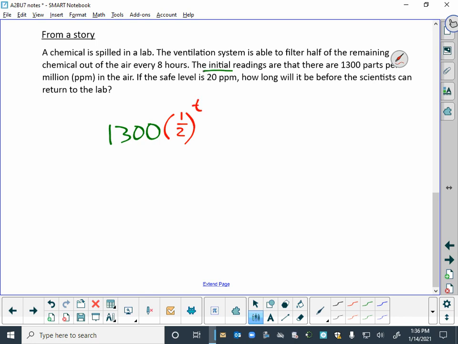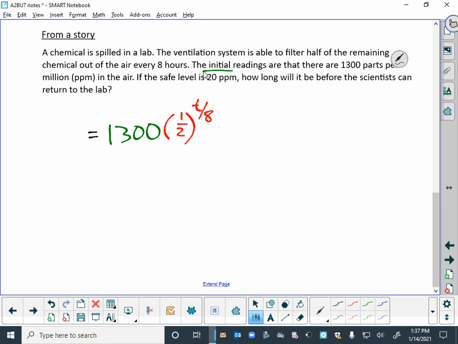So that means this needs to look like a t divided by 8 up here. So when we put an 8 in there, 8 divided by 8 is 1, and we multiply by half one time, and it's down to the 650. After 16 hours, if we put a 16 in for t, 16 divided by 8 is 2. That's going to multiply by half twice and continue with our filtering process there.